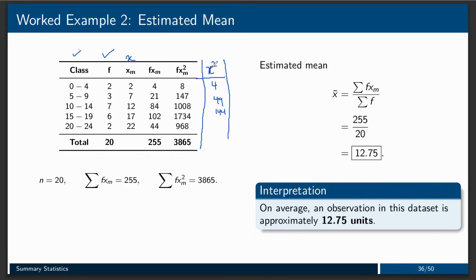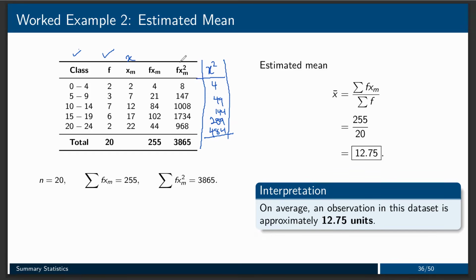Then you multiply the x squared by the frequency. So let me finish the x squared. 17 times 17 gives us 289. Then 22 times 22 gives us 484. So in total, we don't even need the total for this one.